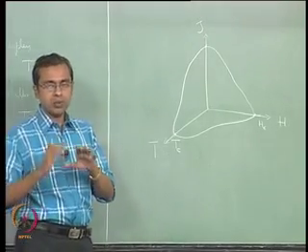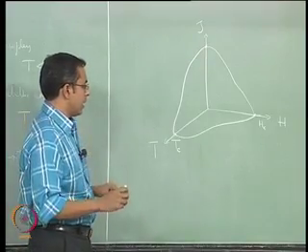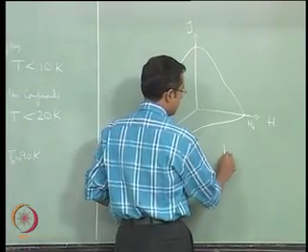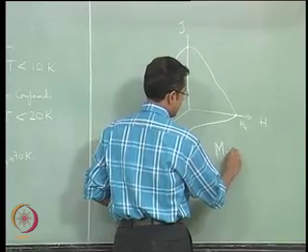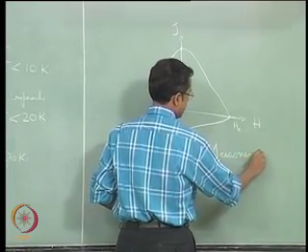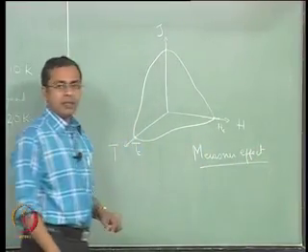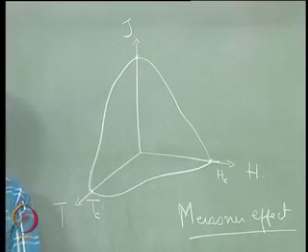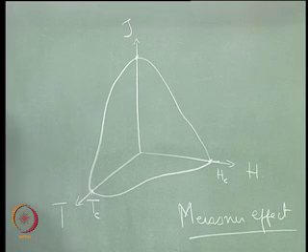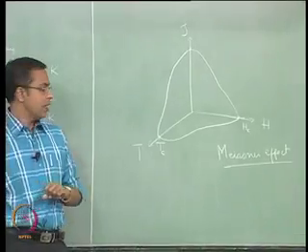So it excludes the magnetic field, and that phenomenon is known as the Meissner effect. The Meissner effect refers to the fact that a superconductor opposes a magnetic field, which is not the case with a normal conductor.